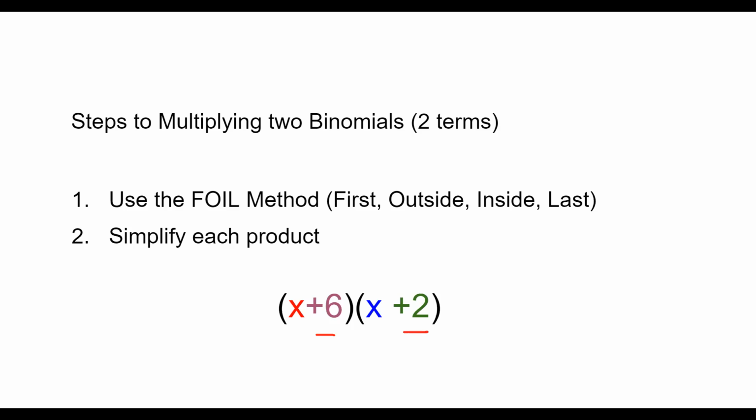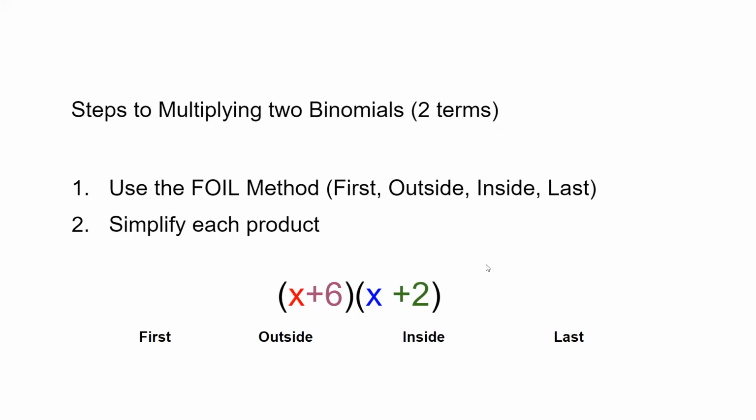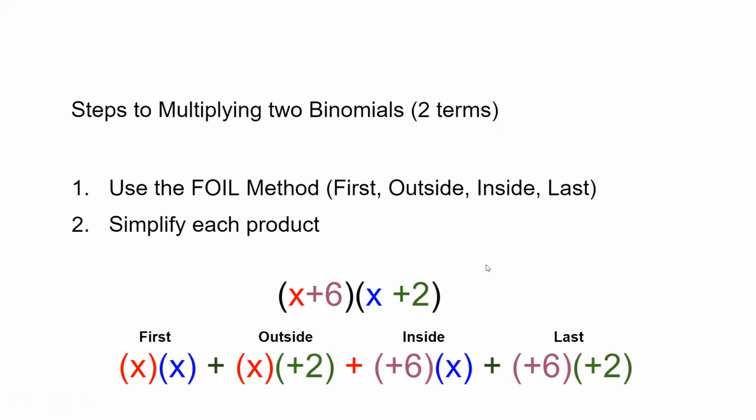So let's see what that looks like when we put it all together. First, outside, inside, and last. And when you do this kind of a problem, you will always have four products. The product of the first two, x times x. The outside, x times plus 2.